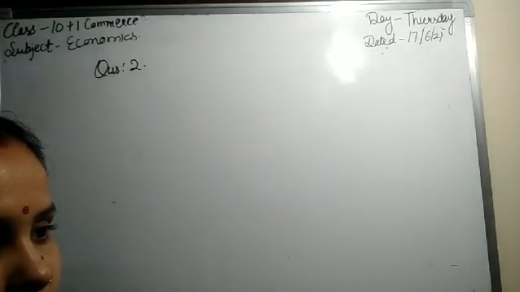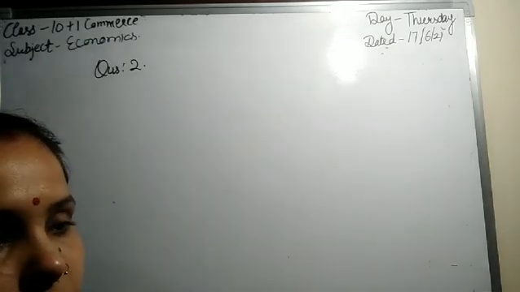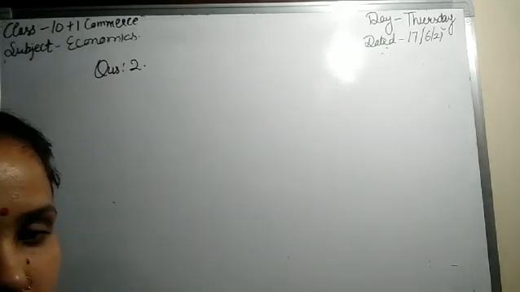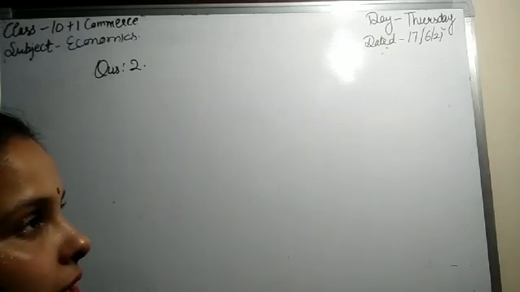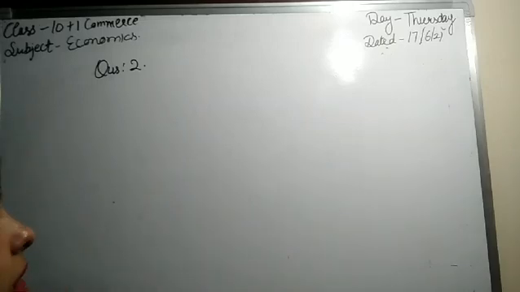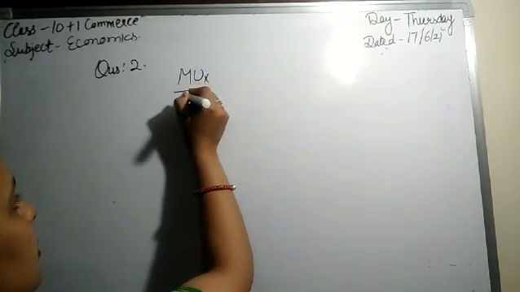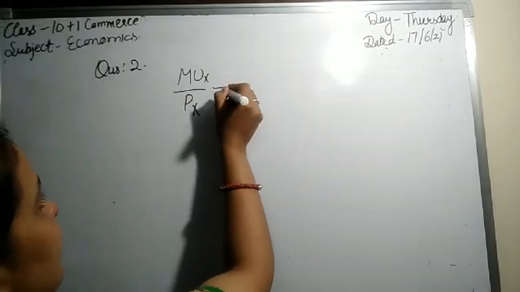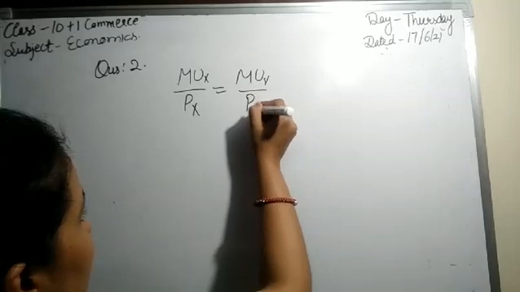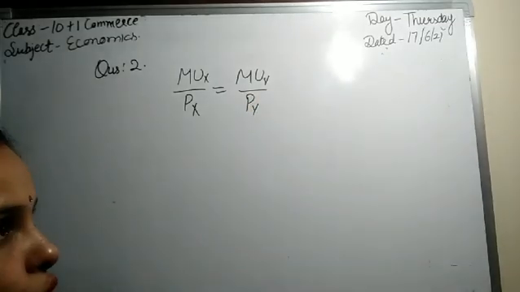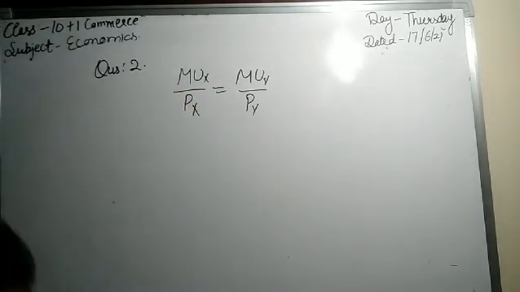Under cardinal utility, when the consumer consumes two goods, he is in equilibrium when he spends his income in such a way that the marginal utility of good X upon its price is equal to the marginal utility of good Y by its price. So this is the situation under two commodities. The next question is related to this.